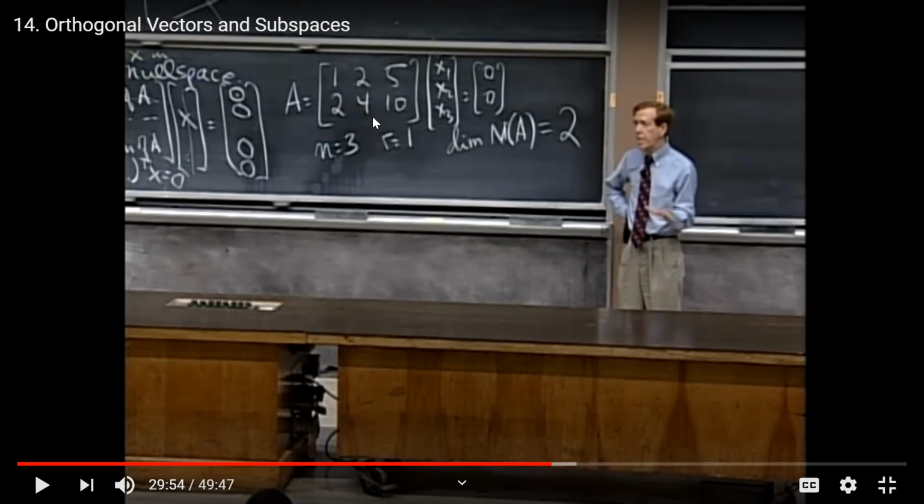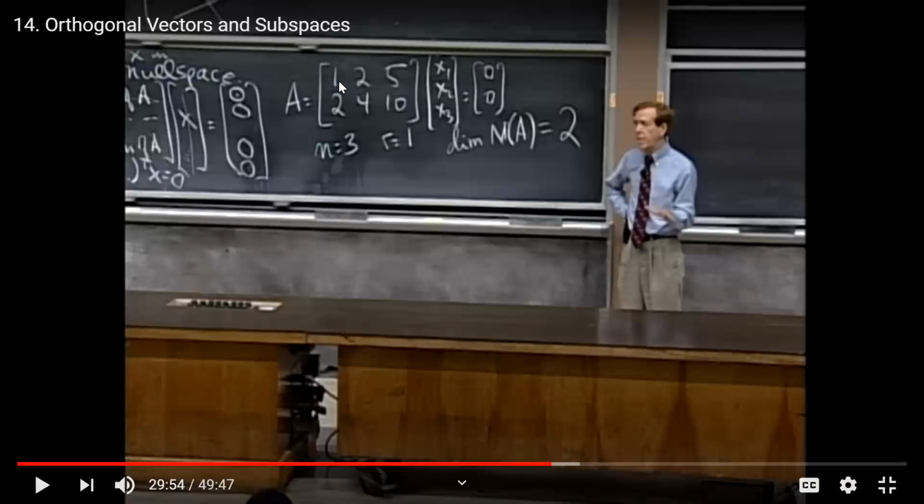So this row is not independent, it cannot be declared as part of the basis, and similarly, it is not part of the rank. Rank is the number of independent rows or independent columns. Similarly, if you look at the columns 1, 2, then 2, 4, then 5, 10, the first one is the column that we are looking for, because the next two columns can be made very easily from the first column.